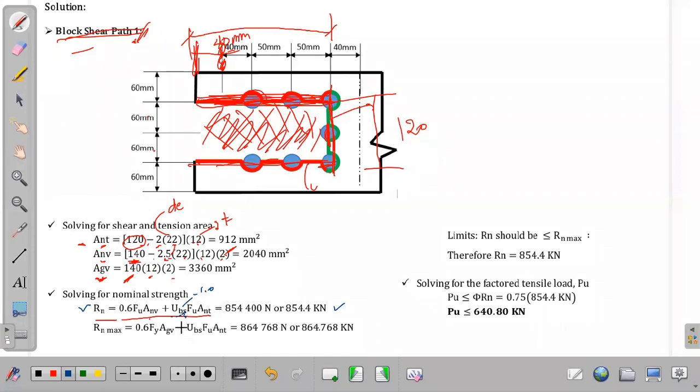Okay? And then for the Rn max, kasi sabi sa code that your Rn should not exceed your Rn max. So ano yung Rn max? Given equation, you just have to substitute values since na-solve na naman natin yung Rn, ANT, and then ANV.